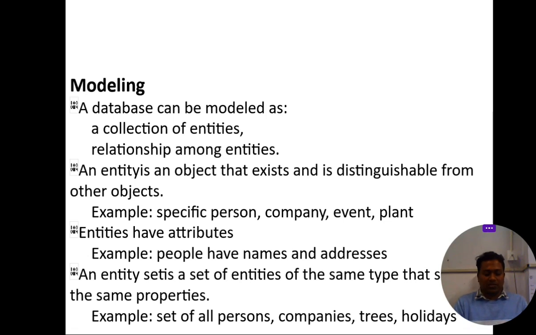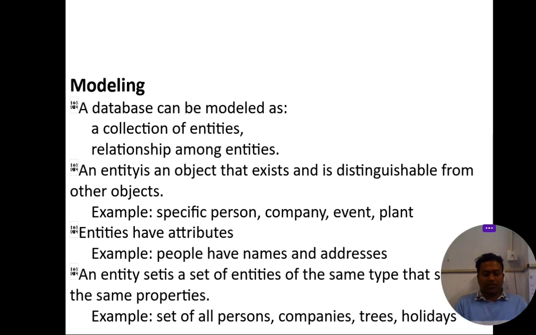A database can be modeled as a collection of entities and relationships among entities, where an entity is an object that exists and is distinguishable from other objects. Examples are a specific person, a company, or an event like a plant. Entities have attributes.